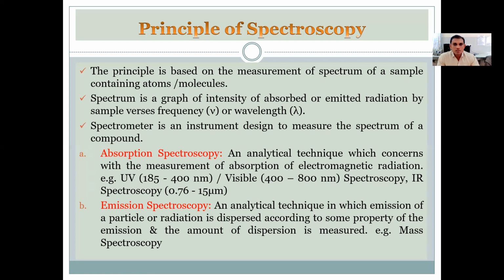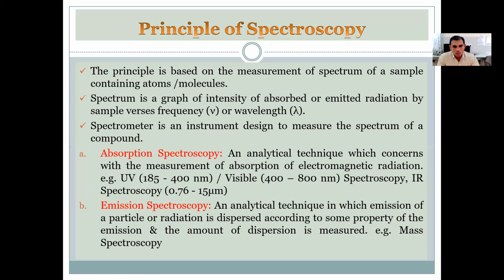Absorption spectroscopy is the analytical technique concerned with the measurement of absorption of electromagnetic radiations. Examples of absorption spectroscopy are ultraviolet spectroscopy, visible spectroscopy, and infrared spectroscopy, and their ranges of electromagnetic radiations.